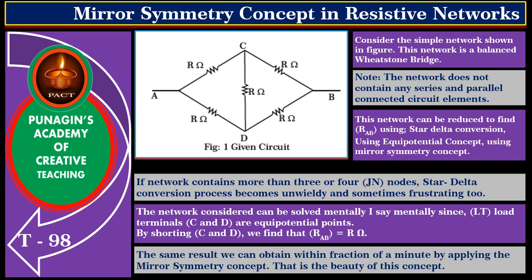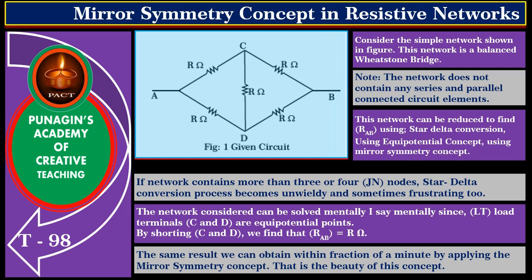We know star and delta conversion can be used if the network is simple. If the network contains more than 3 or 4 junction nodes, star delta conversion process becomes unwieldy and sometimes frustrating too. The network considered can be solved mentally.